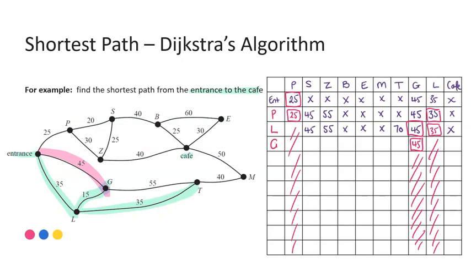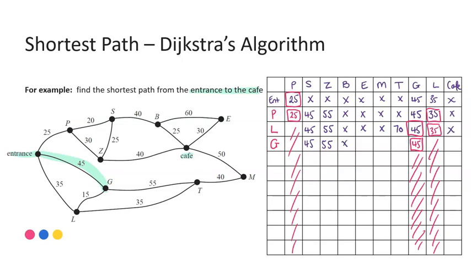So G will become my new focal point. So I've travelled 45 to G. I have no direct connection to S, but a pre-existing established path of 45. No additional direct connection to Z, but I have that existing path of 55.